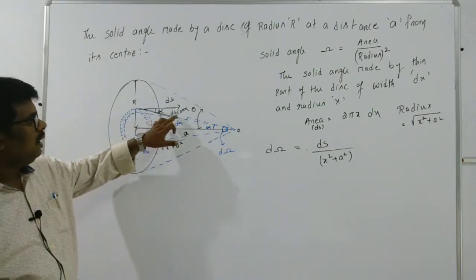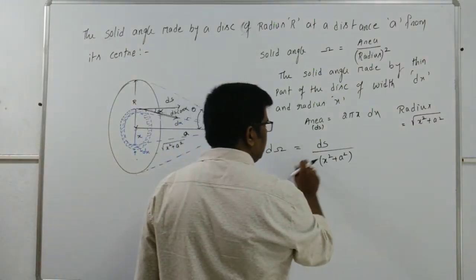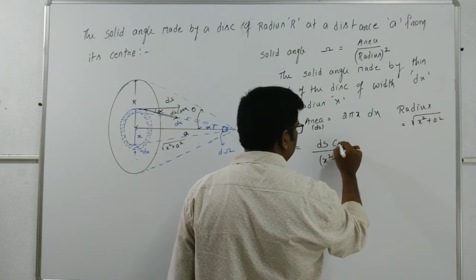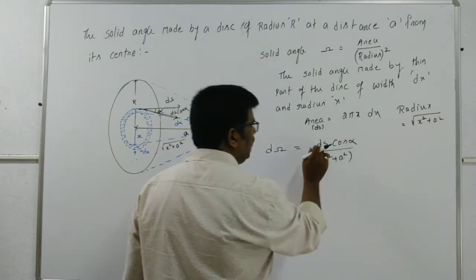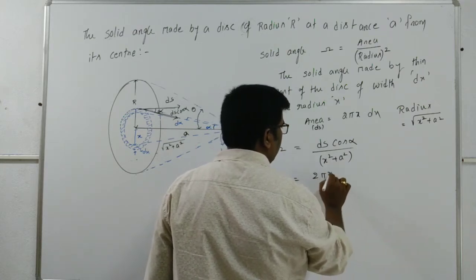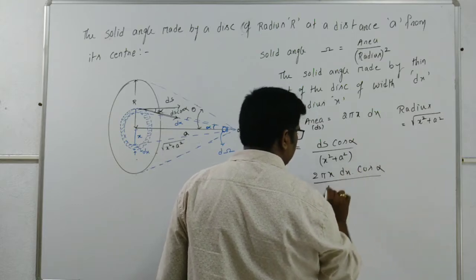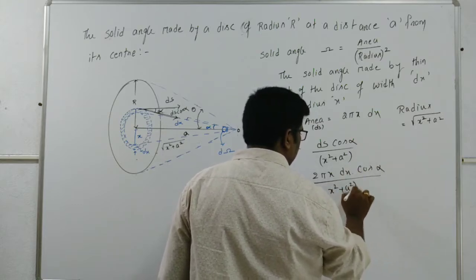So that is nothing but ds cos alpha. That's why d omega is nothing but ds cos alpha. So ds is nothing but 2 pi x dx into cos alpha by x square plus a square.